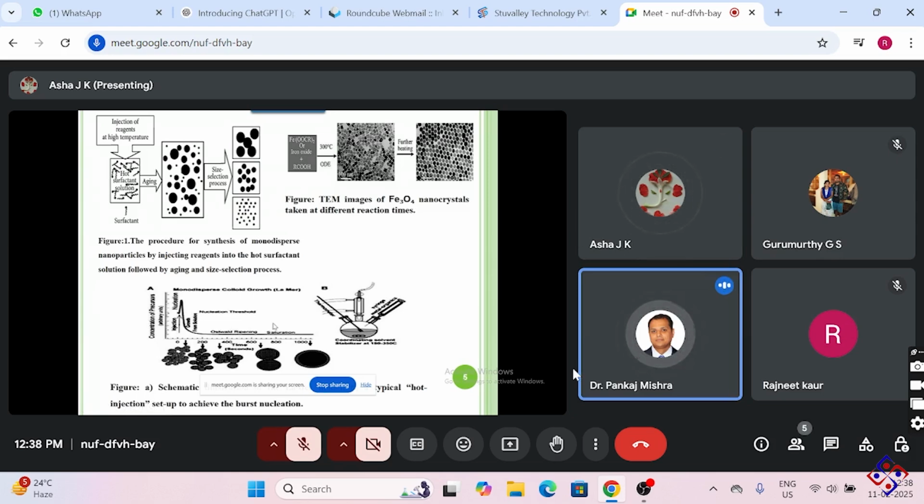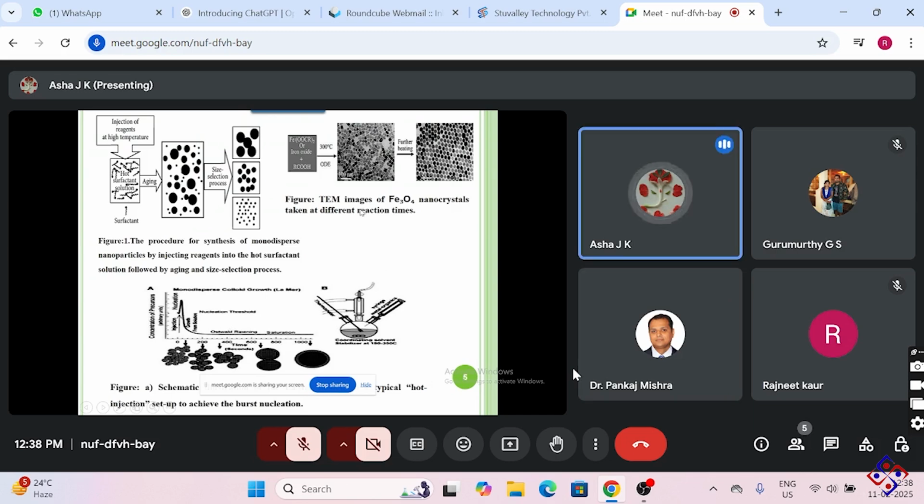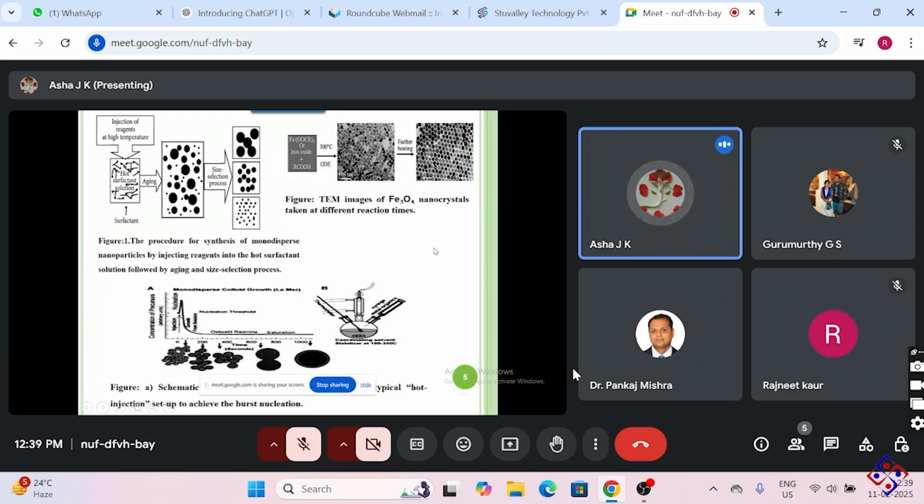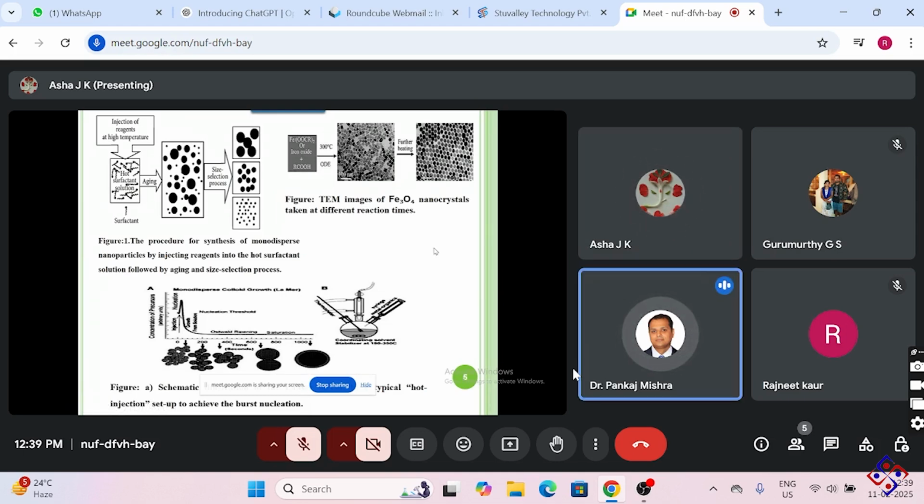Okay. Which type of instrumentation is required for synthesis of nanoparticles? Sir, I used transmission electron microscopy images and the monodisperse nanoparticle method. Which microscope had you used? Sir, transmission electron microscopy.